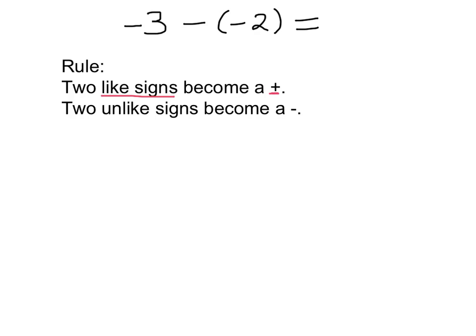Now what that means is, if I have a plus and a plus coming together, overall I will result in a positive number. If I have a minus coming together with a minus, overall it'll end up being positive as well. The second rule says that if I have two unlike signs coming together, it becomes a minus.